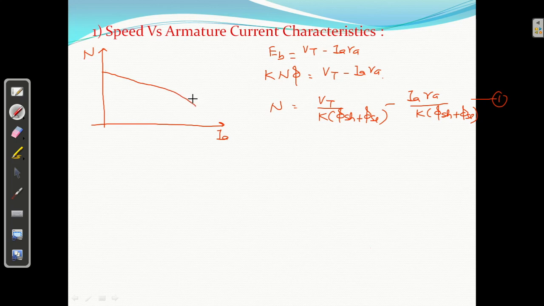This is the shunt motor characteristic. This is like a shunt motor.